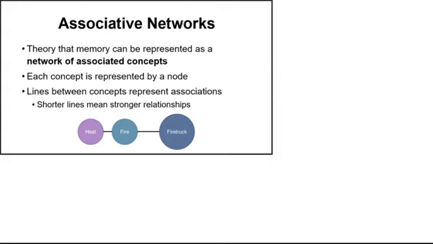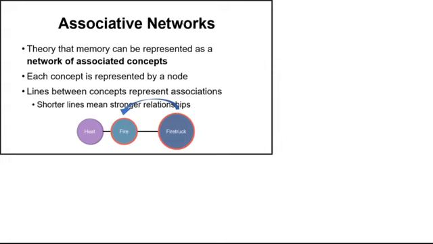So we have fire trucks, and fire trucks are close to fires and to heat. And if we were thinking about something like priming, there we go. When we activate fire trucks, we'd also be more likely to think about fires. And then once we've thought about fires, we're more likely to think about other things that are hot. And you can have this ripple effect of activated little nodes.